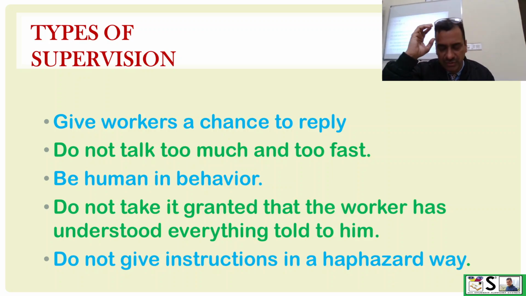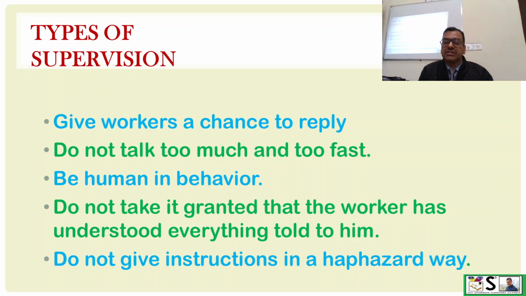For example, if you have given a task to your subordinates, whom you are supervising, that they have to go for a survey, you should tell them ahead what the survey is, how they will do the survey, and what the proforma is.